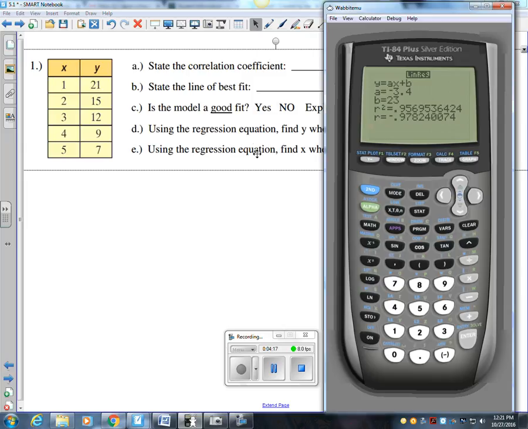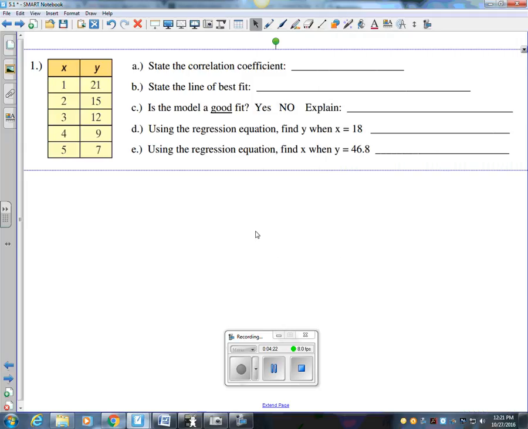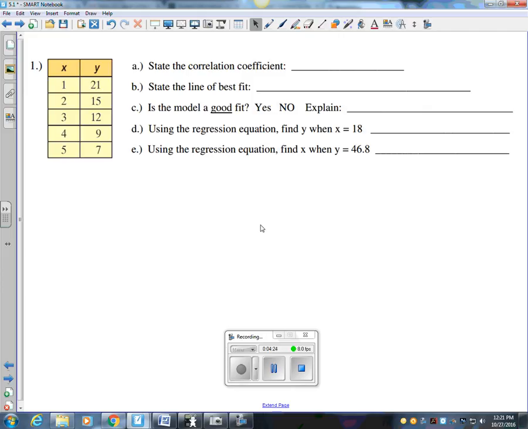Your correlation coefficient is your R value. Let's go 3 decimal places today. So that's -0.978. Then state the line of best fit. That is your y equals equation.